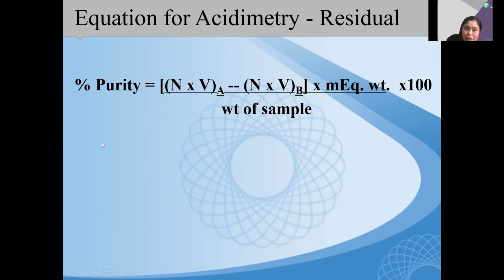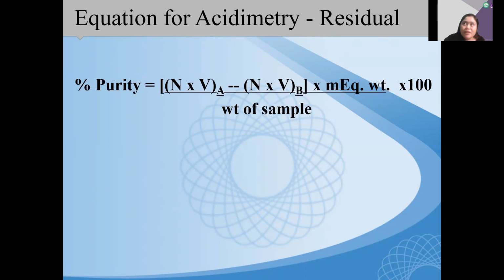Thus, our formula, percent purity is equal to normality times volume of the acid minus normality times volume of the base. So we have again 2 titrants here. Or we can just simply have normality times volume of the first titrant minus normality times volume of the second titrant times the milli-equivalent weight gihapon divided by weight of the sample times 100.